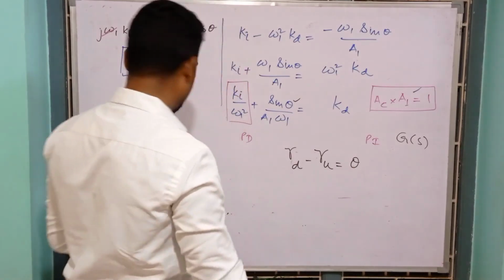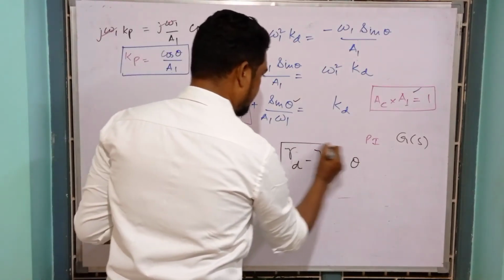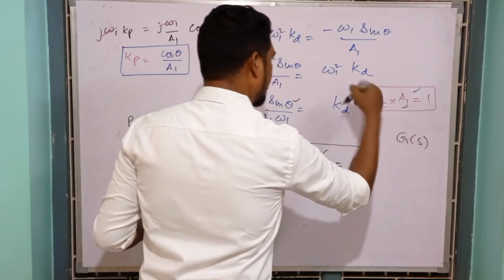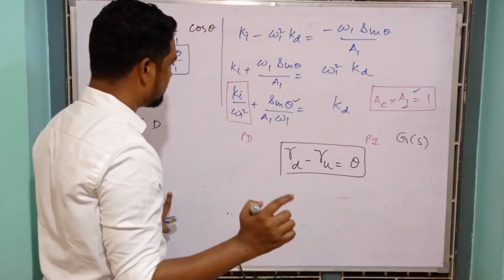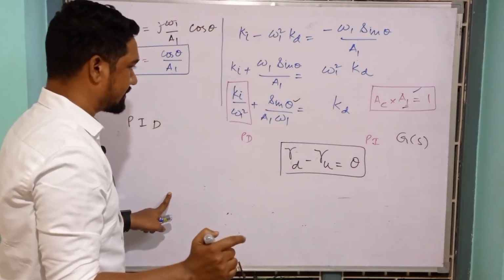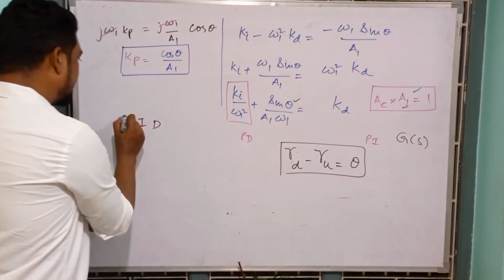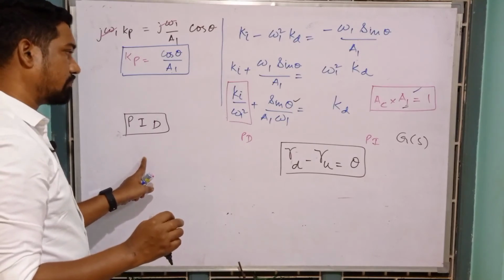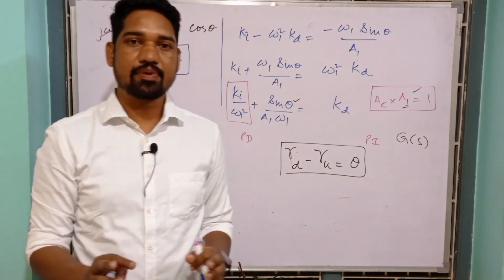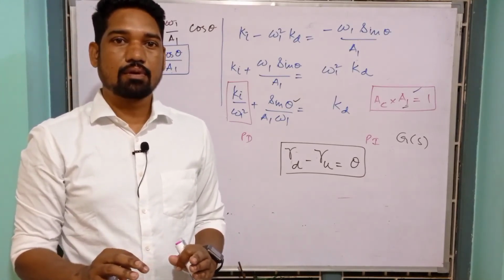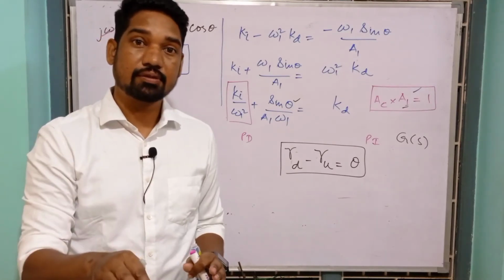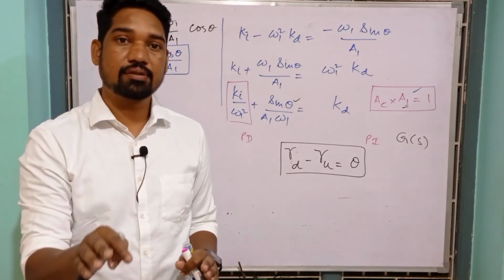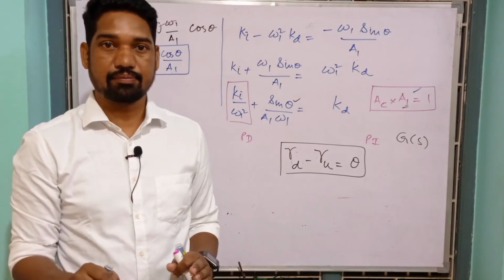That theta we will have from this very expression, and A1 and omega 1 will be specified. Yet another important reminder, guys, while designing a PID controller: the question will be in such a way that you design a PID controller to meet so and so specifications along with meeting the given steady state error.